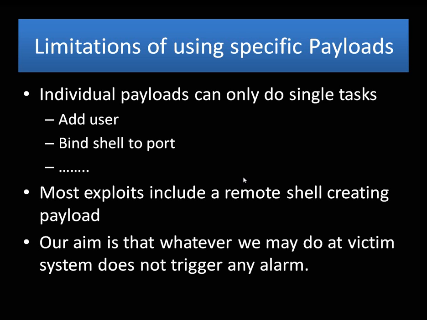And most exploits include a remote shell creating payload. And our aim is that whatever we do on the victim system does not trigger any alarm. It means no antivirus can detect that you are going to make changes on the victim system.